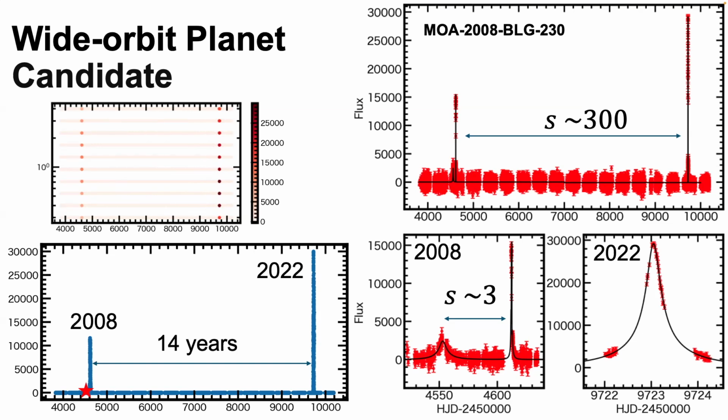Did you measure the centroid, whether the position of the centroid differs in 2008 and 2012, 2022? So you said the different source star? Yeah, I have not checked yet, but maybe I need to check.